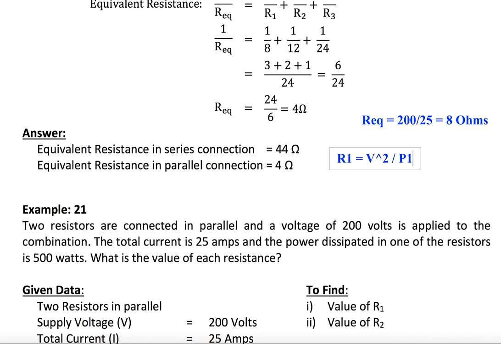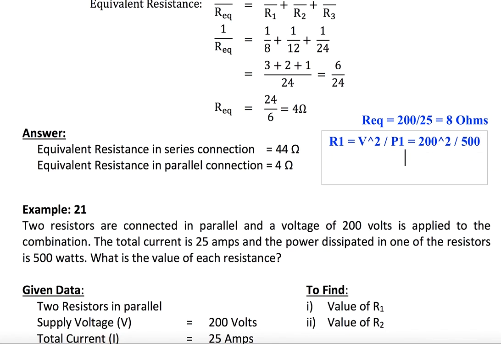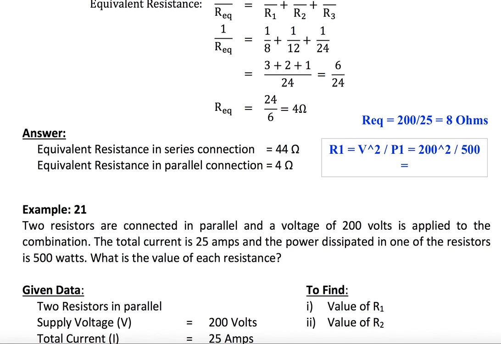Power dissipated in one of the resistors is P1, so V squared upon R1 equals P1. 200 squared upon R1 is 500. So 200 by 5, 200 into 2 divided by 5, 400 by 5. That is 80 ohm. Right? So this resistance is going to be 80 ohm.